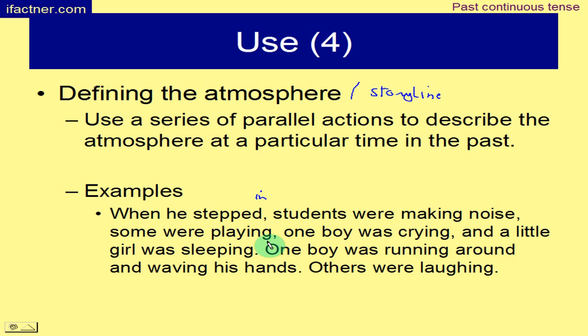Some were playing. One boy was crying and a little girl was sleeping. One boy was running around and waving his hands. Others were laughing. Here we use past continuous tense to describe an atmosphere.